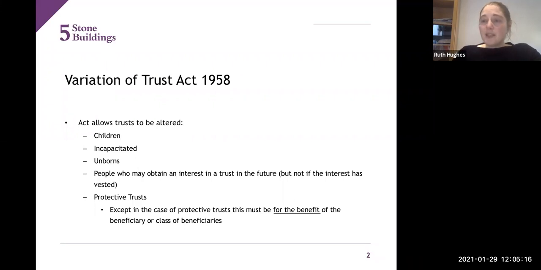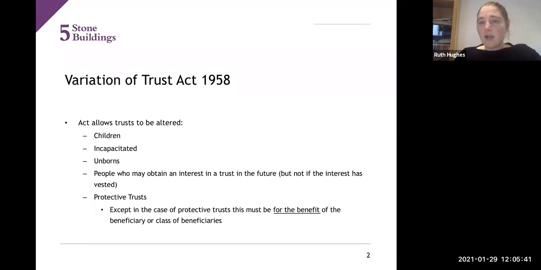The disbenefits of a package of variation can be outweighed by gains, and the court will look at the arrangement as a whole. There doesn't have to be a benefit in all possible worlds in order for the variation to be of benefit. And there can be discretions given that may or may not benefit particular members of a class.